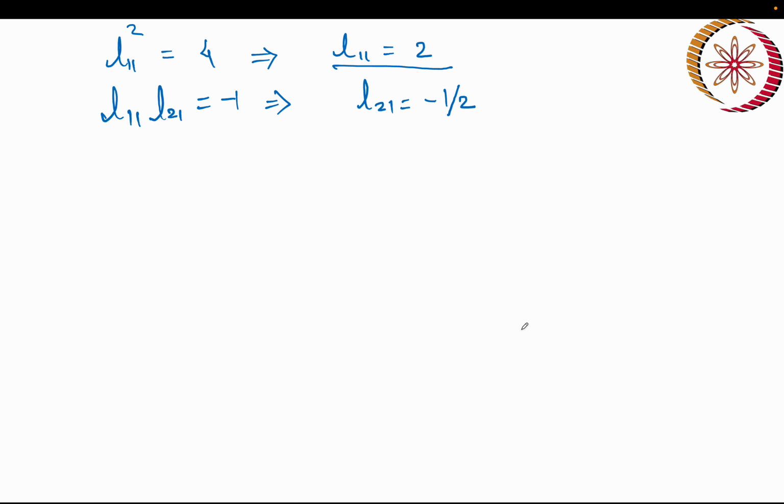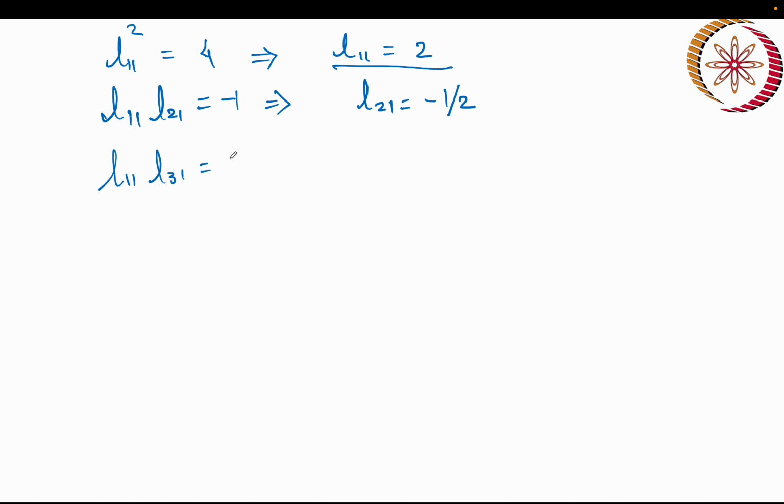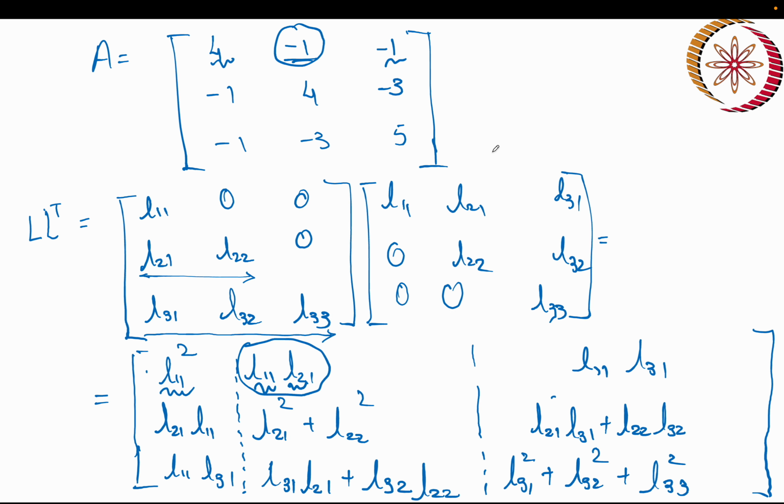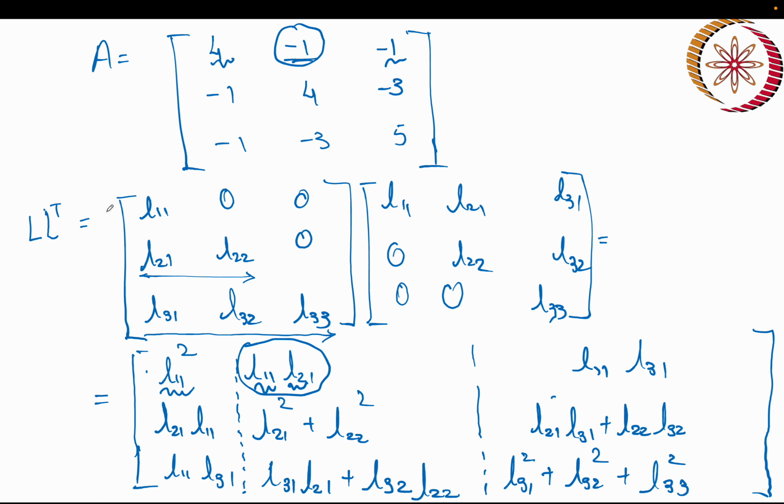L11 into L31 is equal to -1. Again we have the L11 value, so L31 is equal to -1. So we got all these values in this matrix. The first column is now available for us.